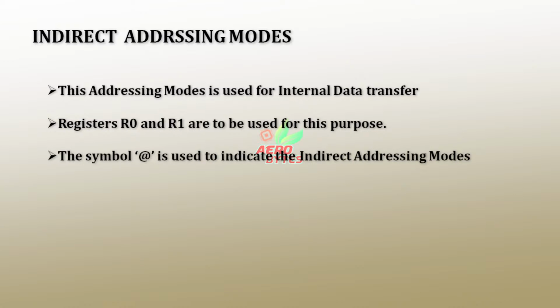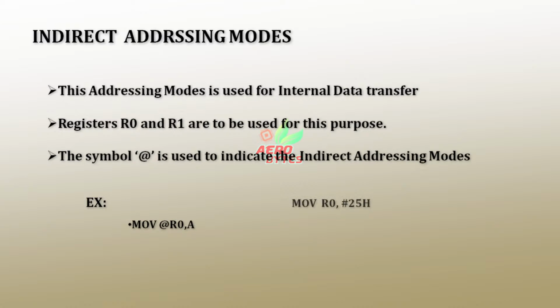This helps you distinguish whether you are using indirect or direct addressing mode. For example, MOV @R0, A. This can be explained by using another program like this.